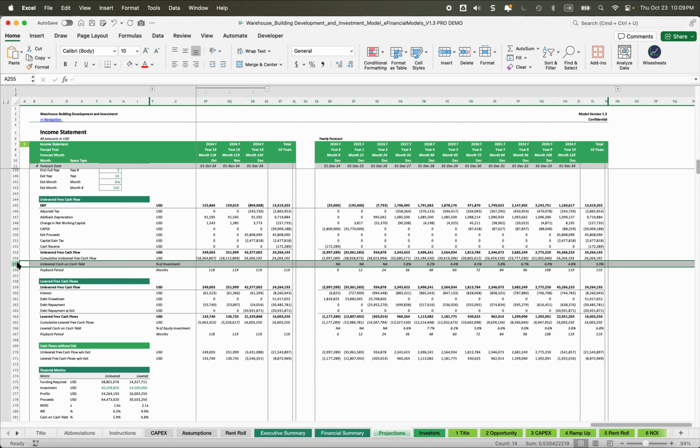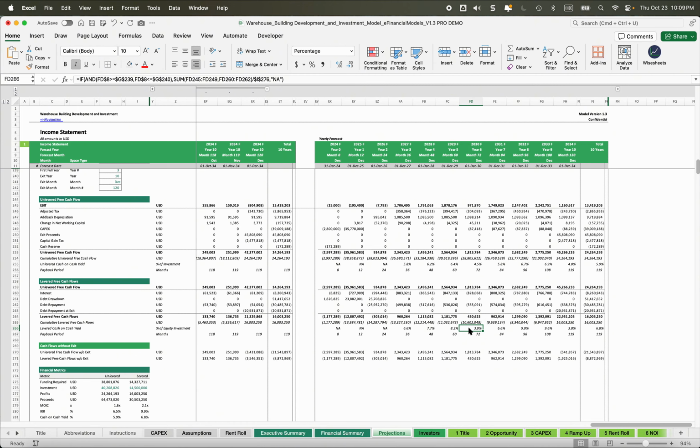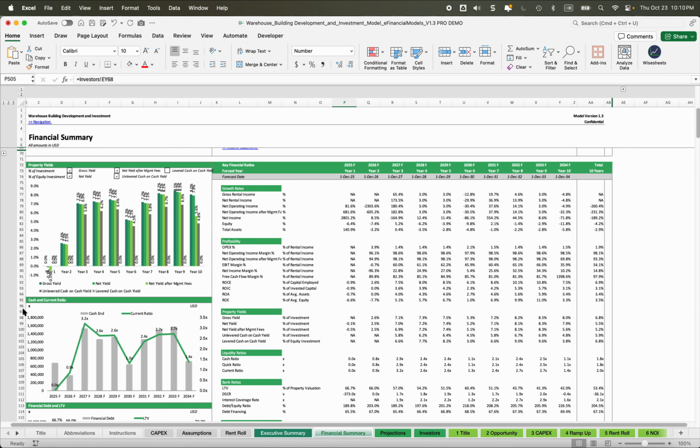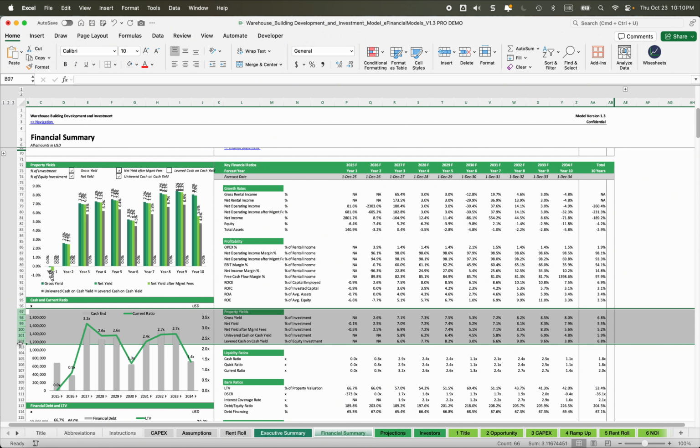You can also see that the levered yields typically should be higher, because we have less investment to be done. We only look at the equity portion, but in this case it distorts a bit because we have these changes with the lease assumptions modeled in here. And just to compare, we then have yields summarized, and we can see how they develop over time.